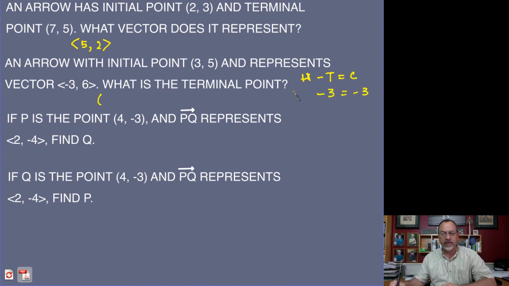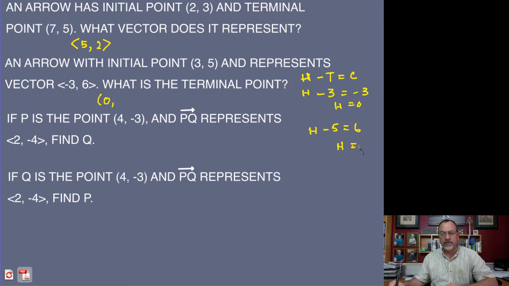The component it gives me is negative 3, so the question is, what's the head point's coordinate? With a little algebra, add 3 to both sides, so the head point is 0. Then I do the same thing for the B component, head minus tail. The tail is 5, so minus 5, equals the component of 6.